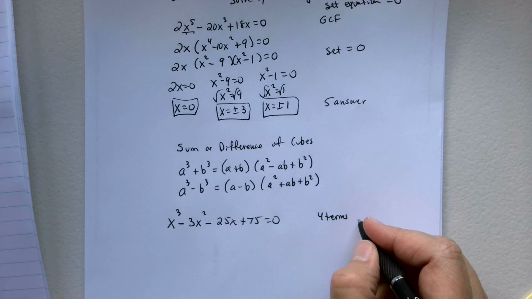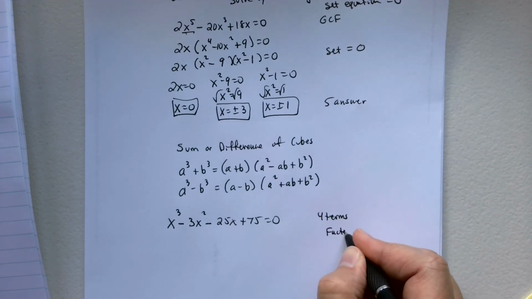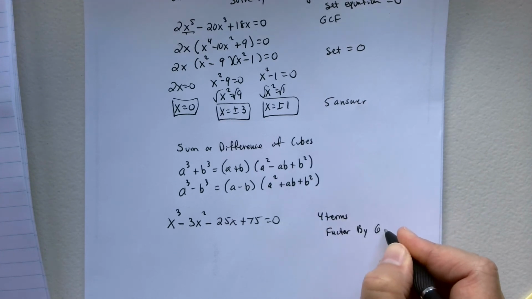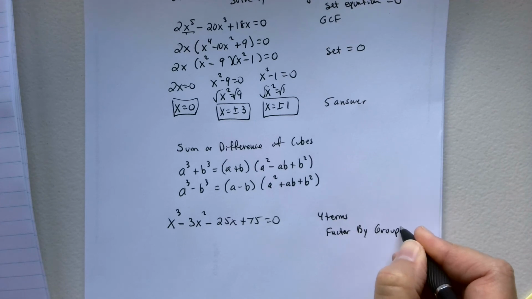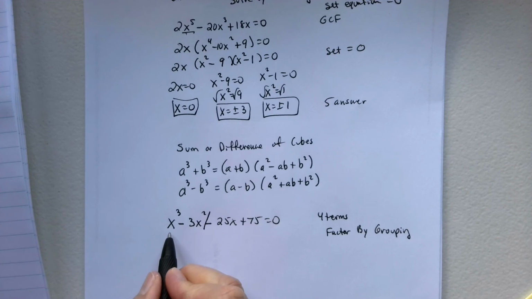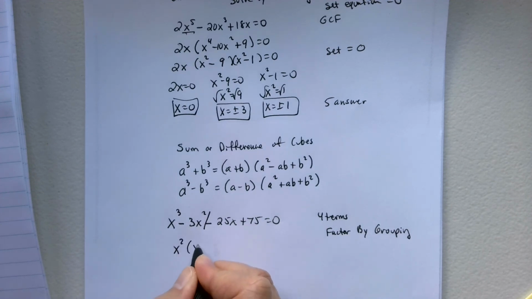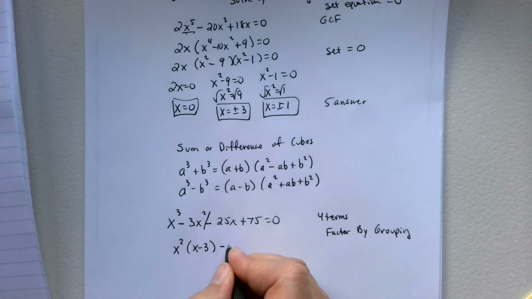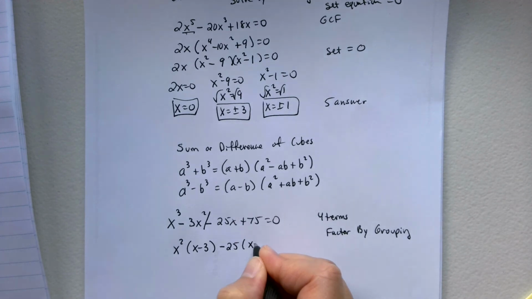And so when you have 4 terms, you are going to factor by grouping. And you guys did a really good job. We're going to split this down the middle. The first 2 terms have a common factor of x squared, and that leaves x minus 3. The last 2 terms have a common factor of negative 25, and that leaves x minus 3.